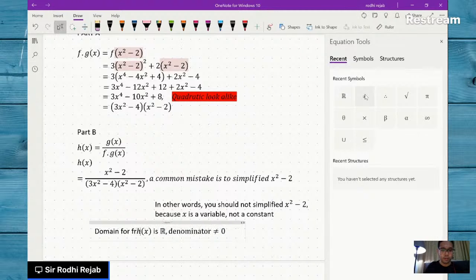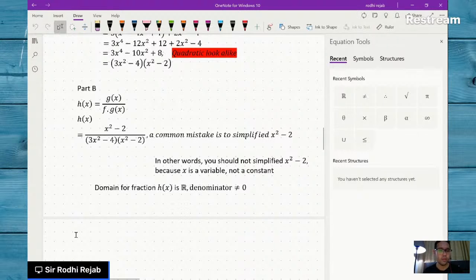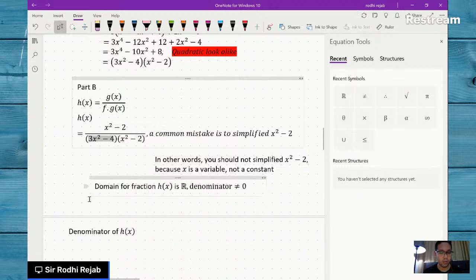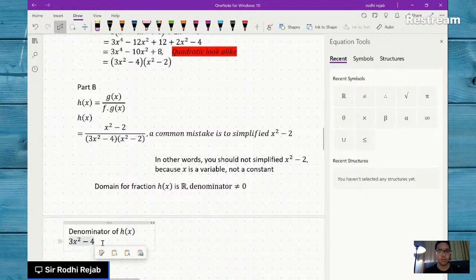So you need to check the denominator for this case. So the denominator of h(x) will be 3x squared minus 4 not equal to 0.